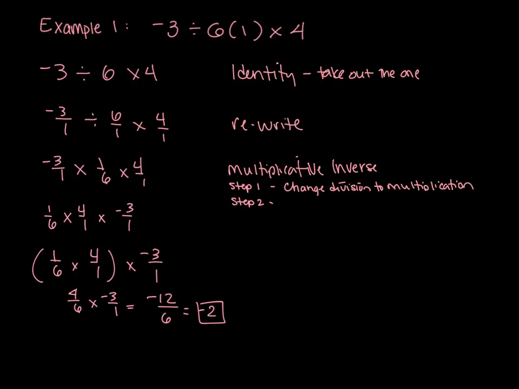Then step 2 is to make sure that you actually take the reciprocal of the next number, or invert the next number. So because you have multiplicative inverse, you're doing those 2 steps, for the 2-word vocabulary word.